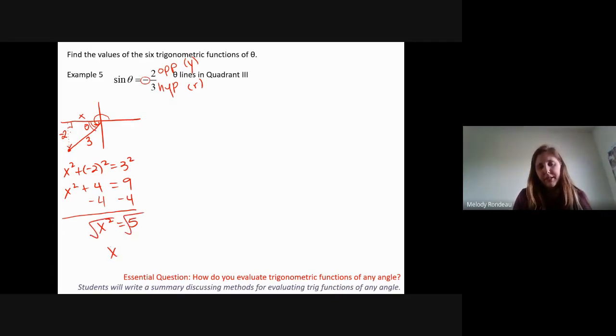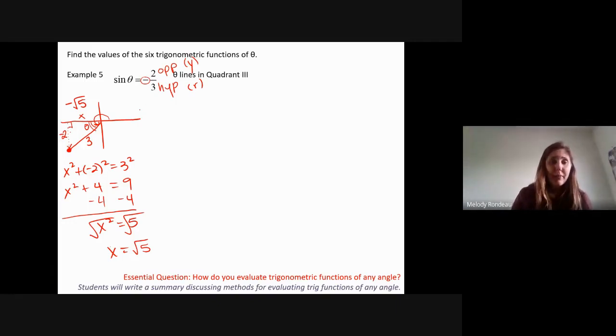Square root both sides. x equals square root of 5. And when I put it on my graph, I need to add in the negative because I'm going back square root of 5 to get to that point on the terminal side. So because of the location on the graph, that has to be a negative square root of 5.